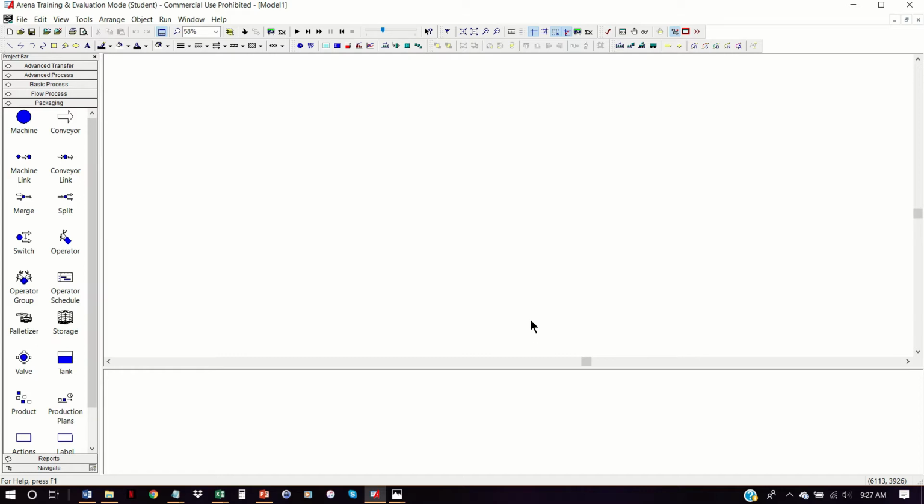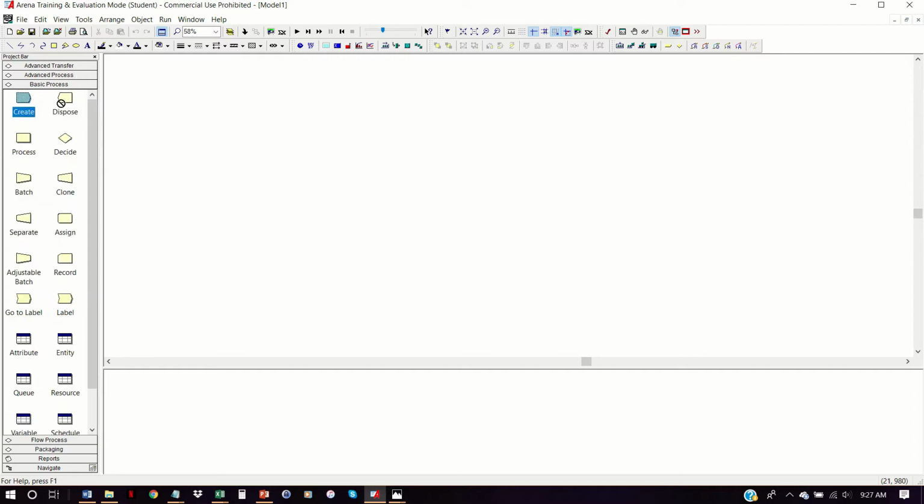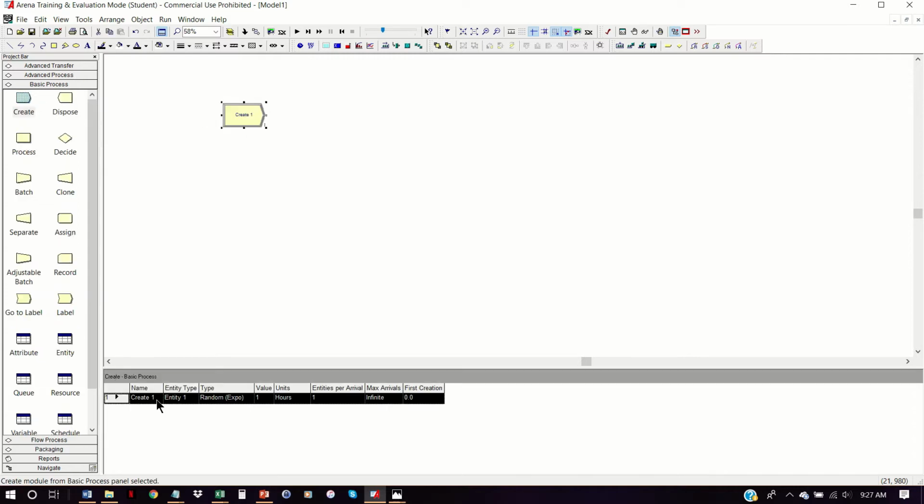From the lab handout, we see that customers arrive with inter-arrival times that are exponentially distributed with a mean of 0.1 days. So we say customers arrive. These are customers.